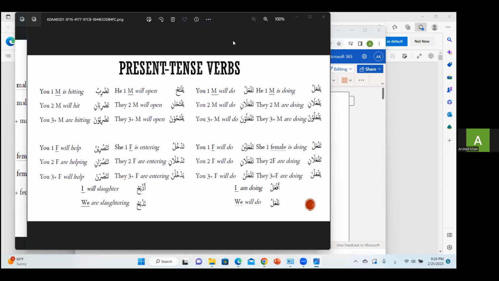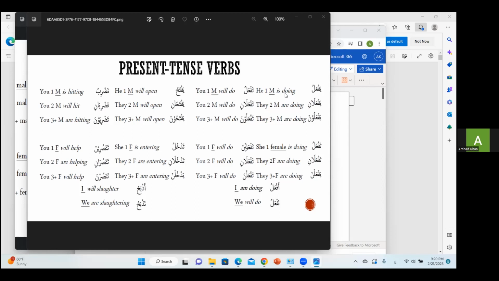I'm telling you, that's something you have to get used to. Every verb has a different pronunciation, so the middle letter on the three-letter verb will change. So sakana, the root word, which is the past tense, will become yaskunu. Can everybody see it? Yaskunu. I didn't put the fatha, but yaskunu.